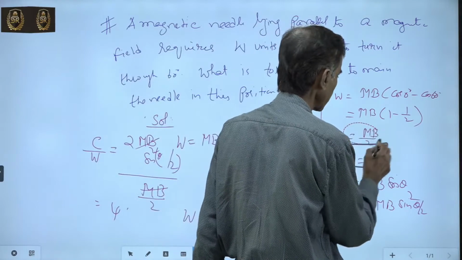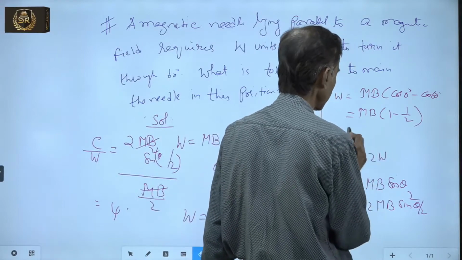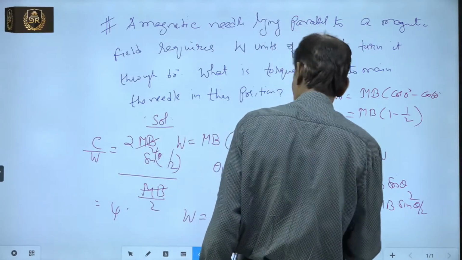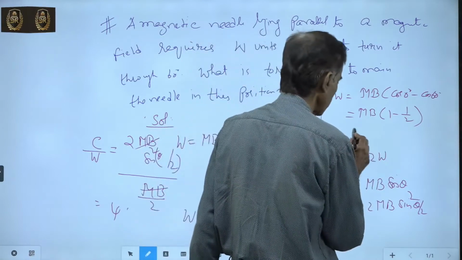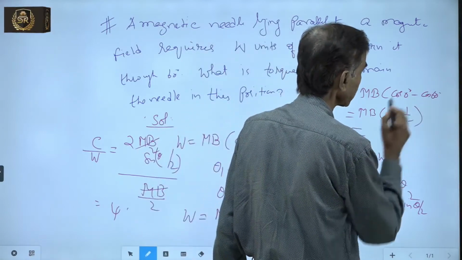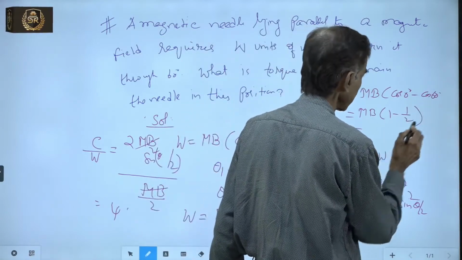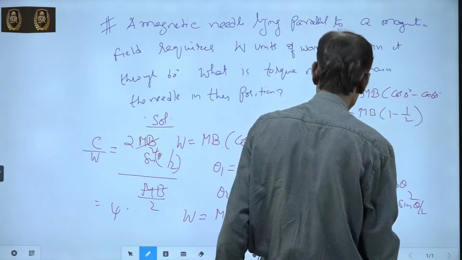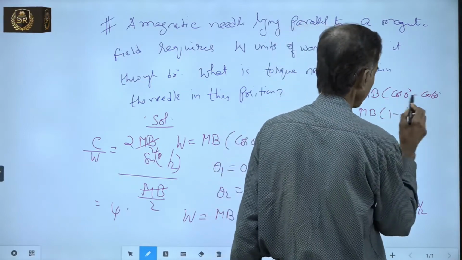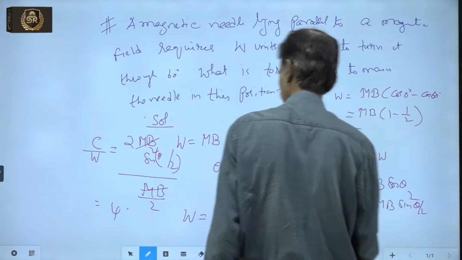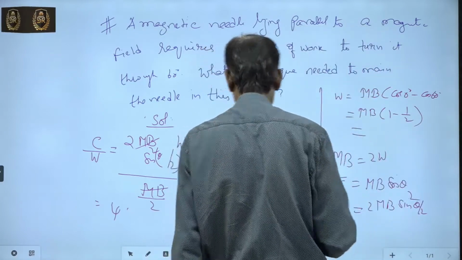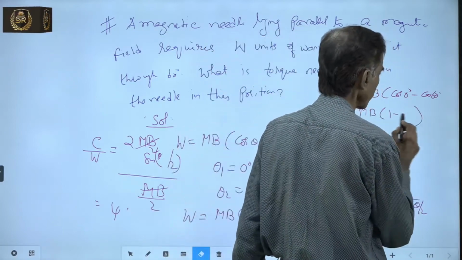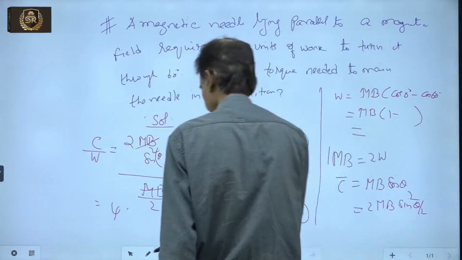We can't write this one. So this is equal to 1 minus cos theta. We won't substitute the values first. For simplicity, we take 1 minus cos theta.